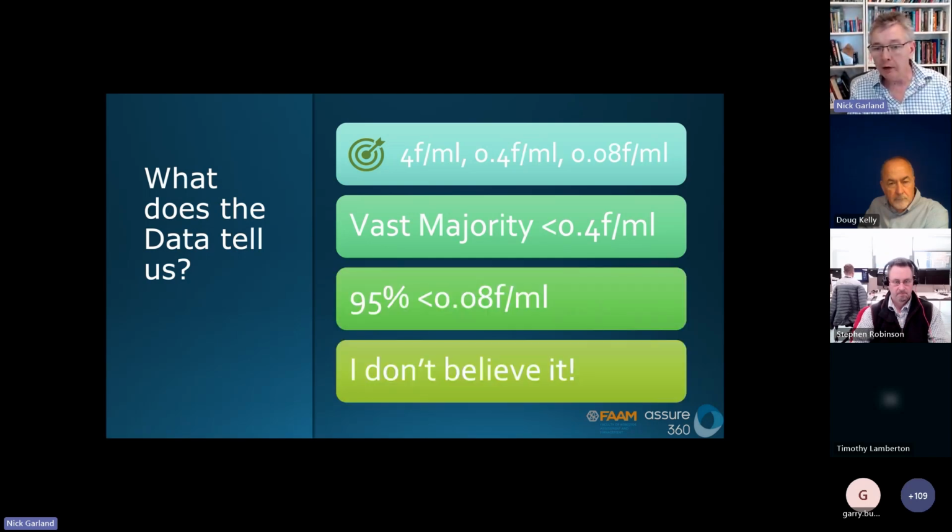And in fact, 95% are below the 0.08 as well. So a huge majority of actually we are already achieving these very, very low levels of what we need to actually comply with the changes in the OEL.